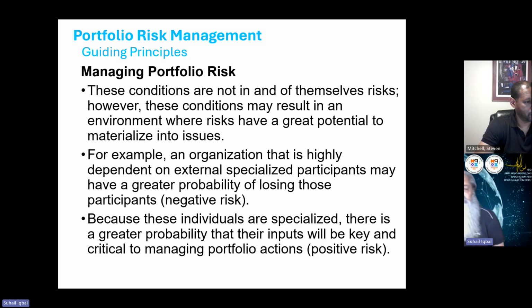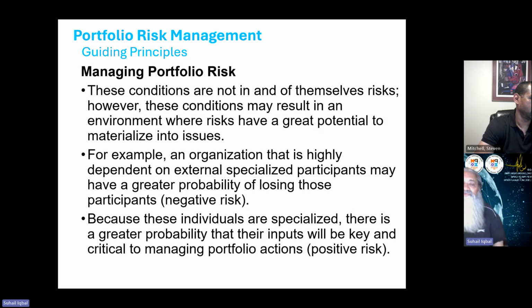For example, an organization that is highly dependent on external specialized participants may have a greater probability of losing those participants. Now, very interesting. If you have highly specialized participants externally coming to you, and you are relying on them, there is also a greater probability of losing those participants.